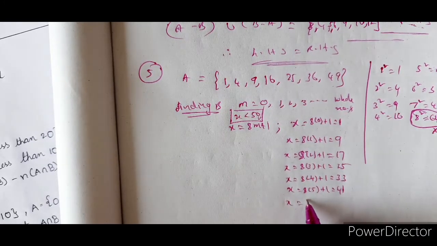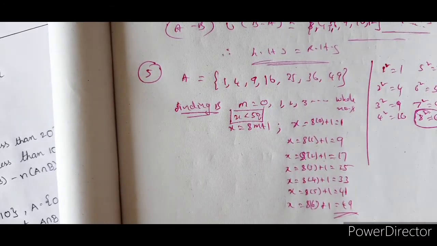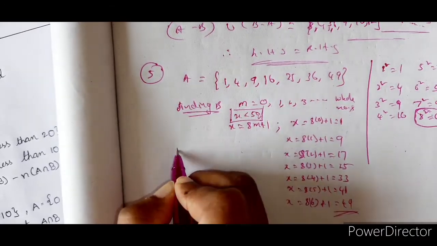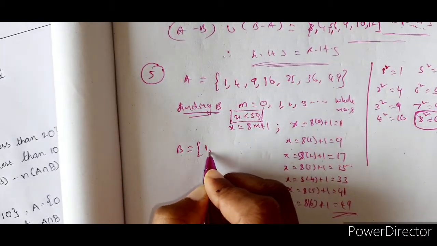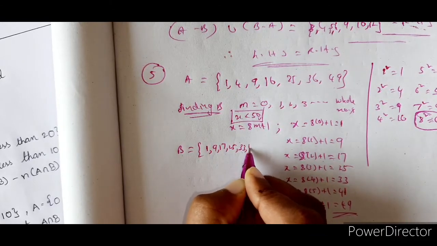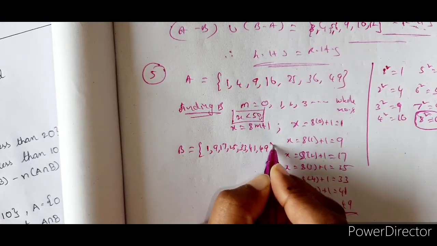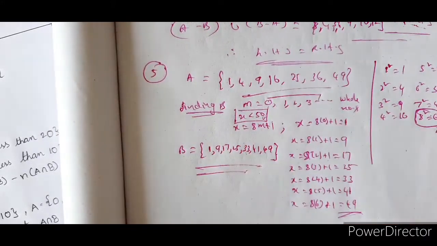Right? 6 8s are 48 plus 1, 49. This is the limit. So therefore we got B to be equal to, this is how you have to write, B is equal to 1, 9, 17, 25, 33, 41, 49. So we got A and we got B.